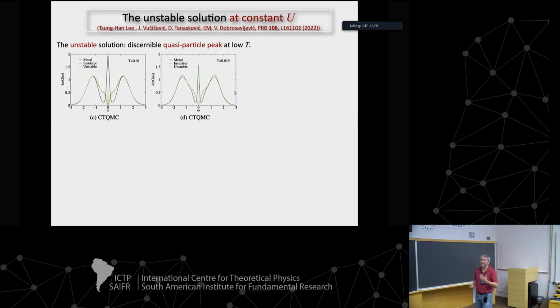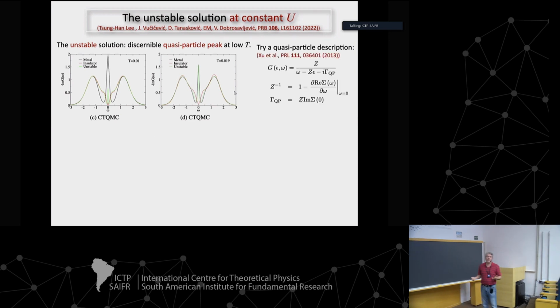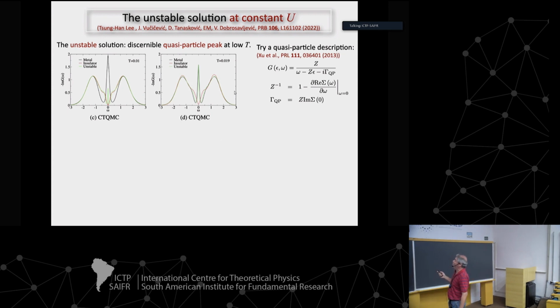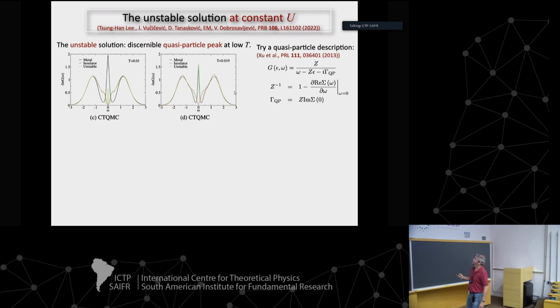A quasi-particle peak suggests that you can describe this behavior in the usual way you describe a quasi-particle. For instance, the local Green's function of a quasi-particle is characterized essentially by two parameters: the quasi-particle weight, Z, which is easily obtained from the self-energy, and from the imaginary part of the self-energy, you can get the scattering rate.